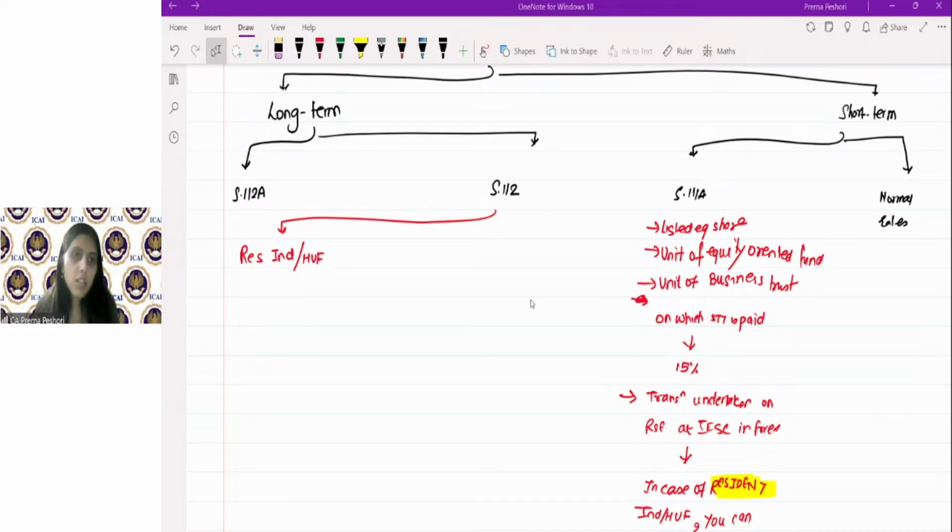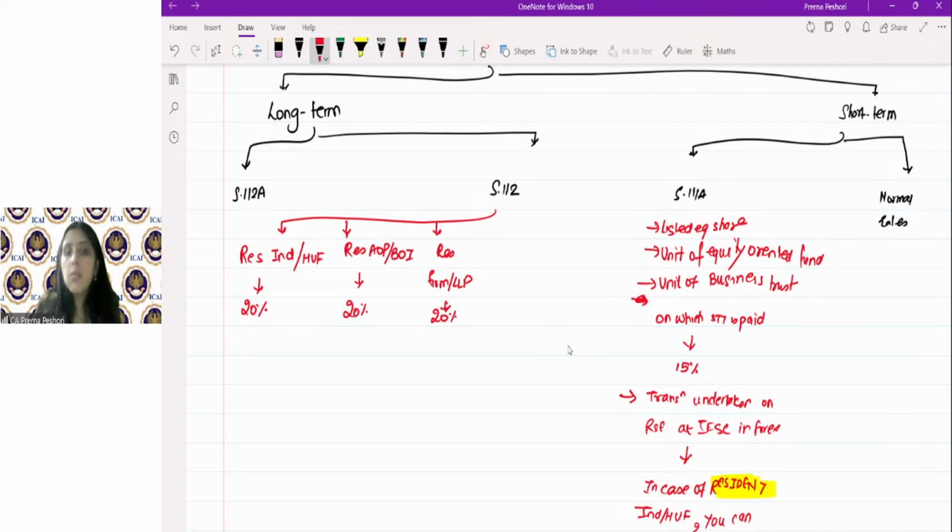In case it is resident AOP or BOI, then also it is 20%. Resident firm or LLP is also 20%.